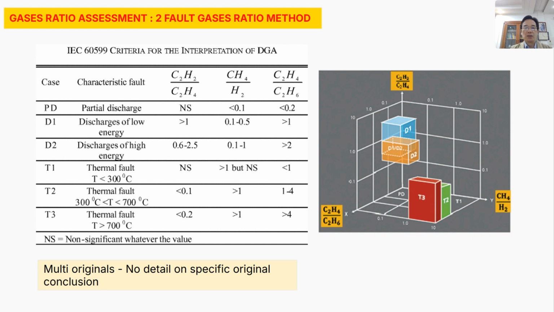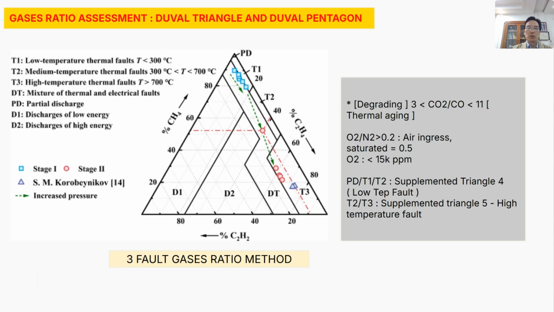So the ratio of these gases may not represent exactly what is happening, and the final plotting in this 3D coordinate system will not indicate any detail. So this method we use less compared to this one.